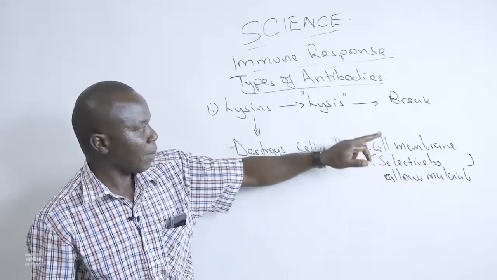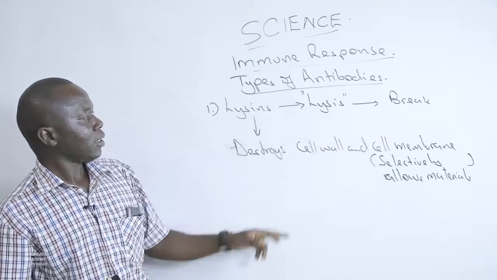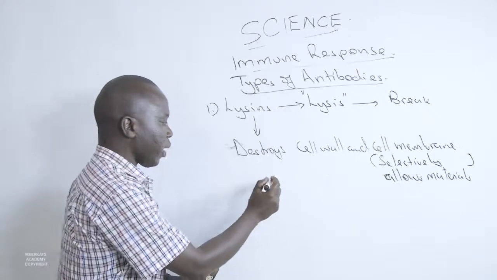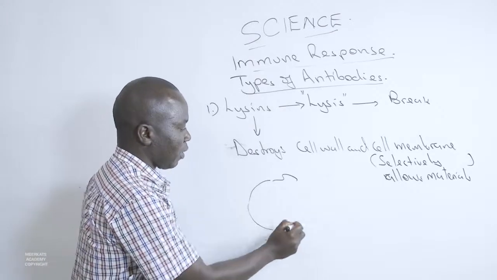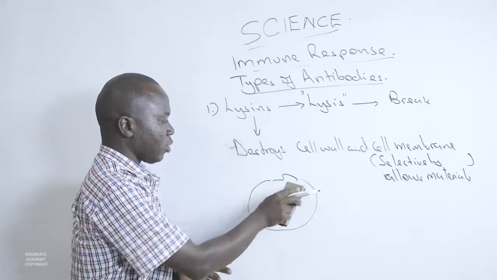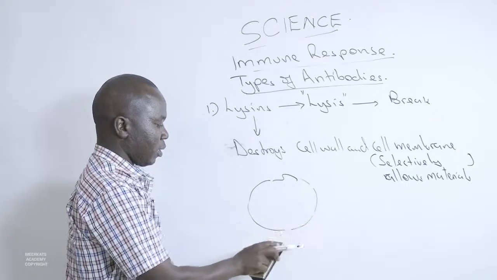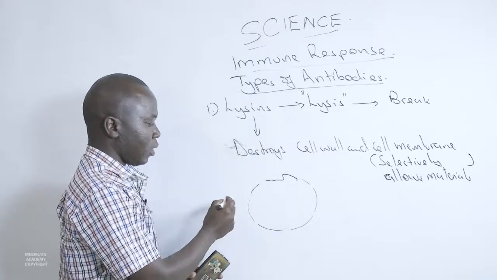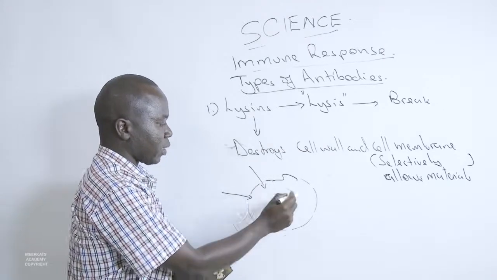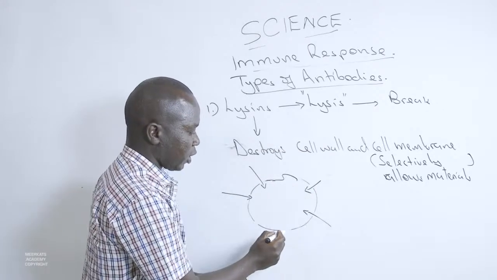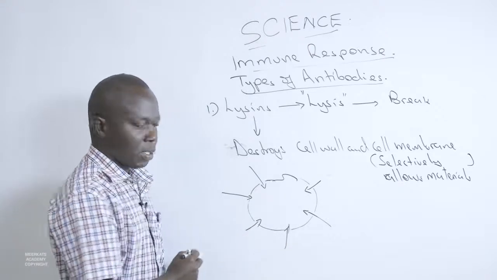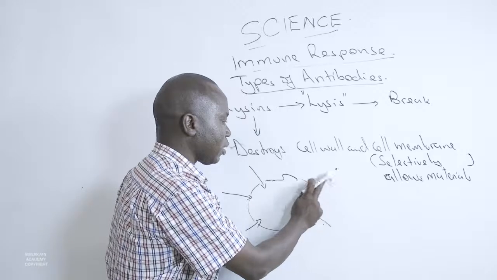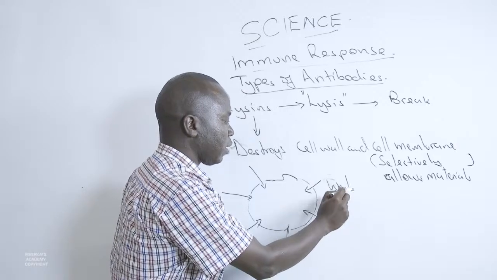But now it has been damaged, broken, destroyed. If this is a bacterial cell and parts of the membrane have been broken, it's going to allow influx of materials. And some of the materials that are going to get into these cells include water.